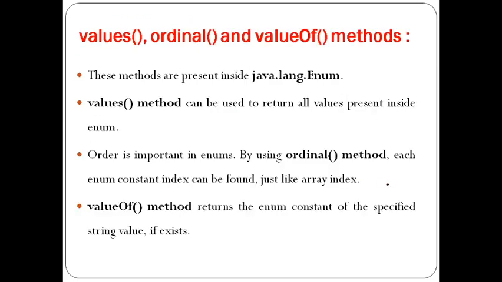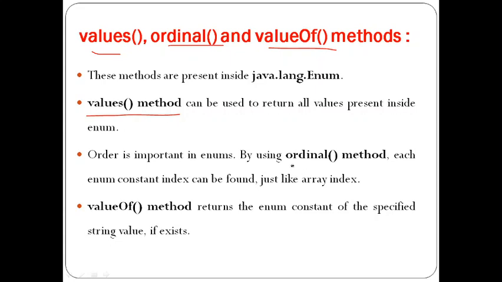Next, enum also provides us different kinds of methods, like values, ordinal, valueOf. I will discuss the purpose of each method. The purpose of the values method is, whatever different values are there in your enum, if you want to retrieve all the values, we can simply call the method values.